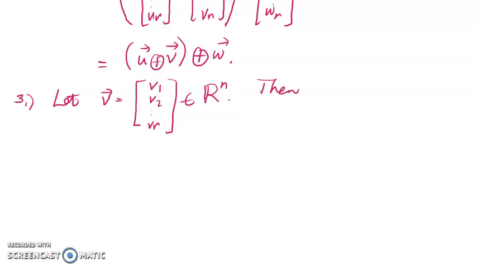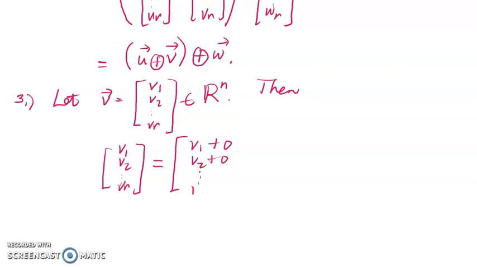Then we know that this vector v1, v2 up to vn, we can just rewrite as v1 plus 0, v2 plus 0, up to vn plus 0.